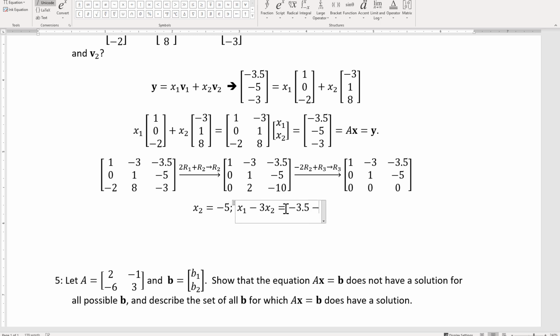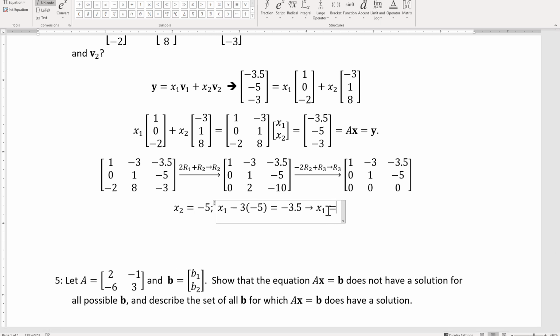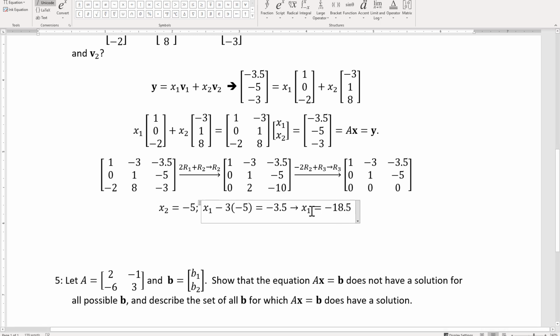What does that mean? Especially when we know the value of x sub 2. X sub 2 is equal to negative 5. So x sub 1 is going to equal, this is going to be positive 15 added to negative 18.5. So minus 18.5. So if x sub 1 is negative 18.5 and x sub 2 is negative 5, then we can have the value match up.